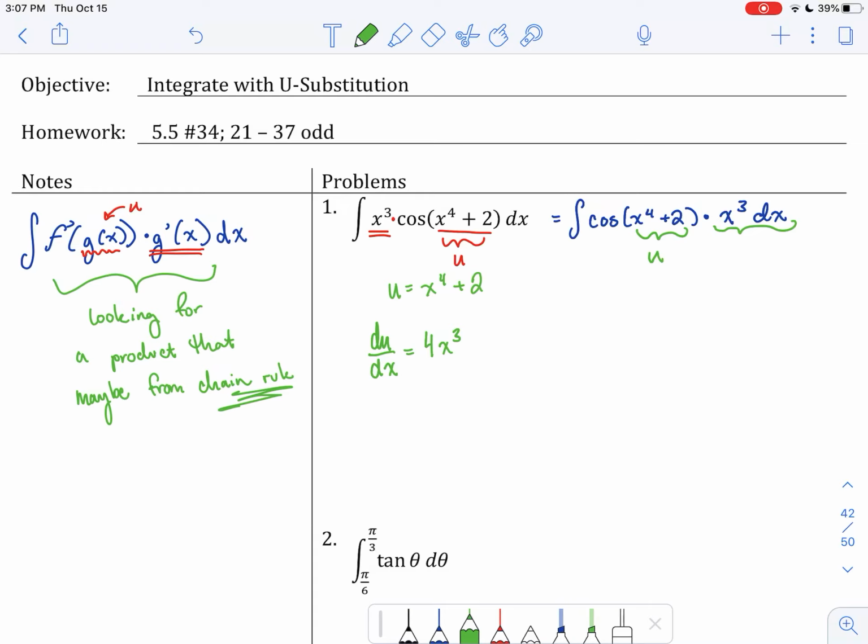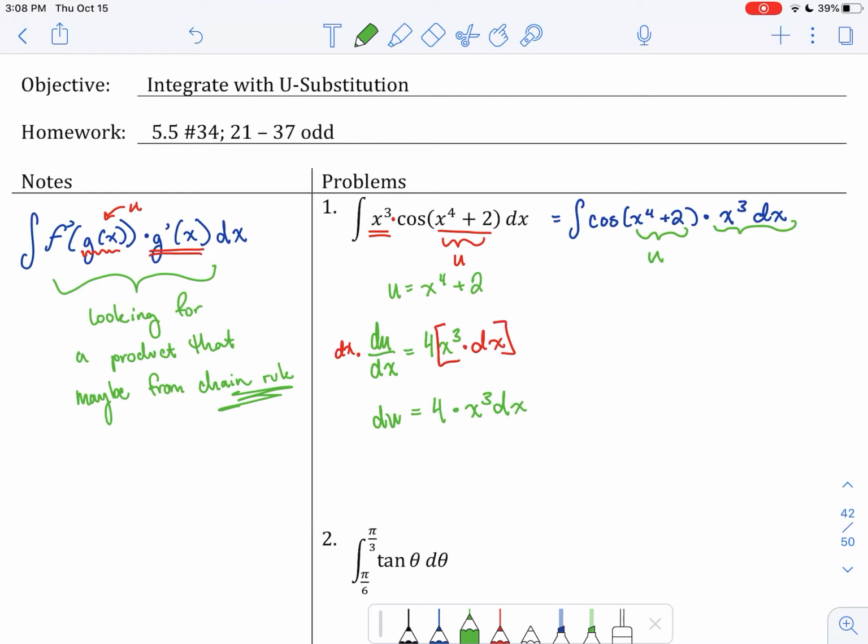x to the 3rd dx, I will multiply up the denominator on both sides here. And then I want this because that's what I can actually substitute into my integral. So then I have du is equal to 4 times x to the 3rd dx.